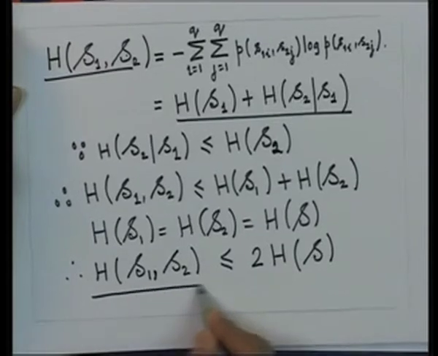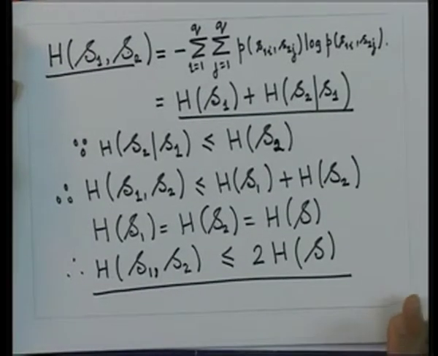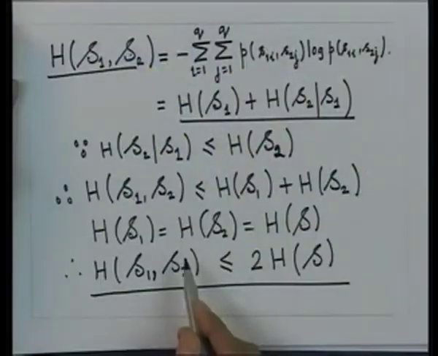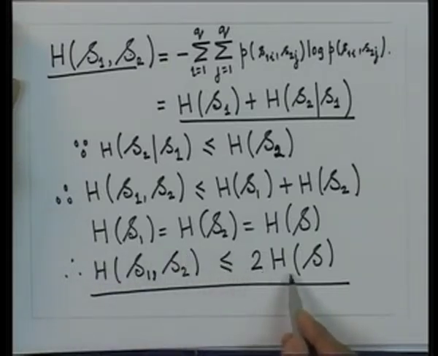So, what we have derived now is that when I look at the entropy of messages which are of length 2 symbols, and these symbols come from a Markov process of first order, then the total information in the messages of length 2 turns out to be less than or equal to twice H of S, correct.